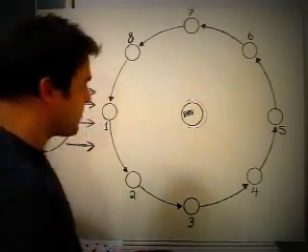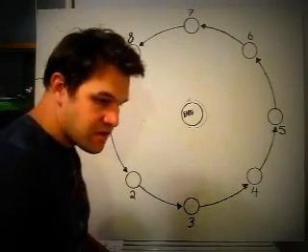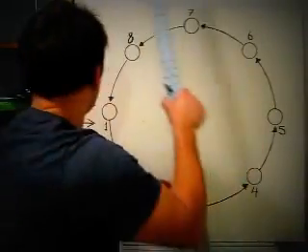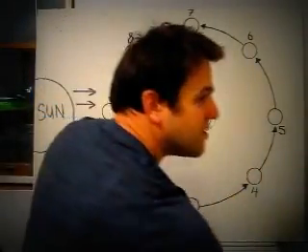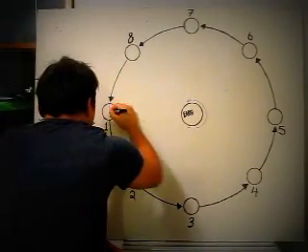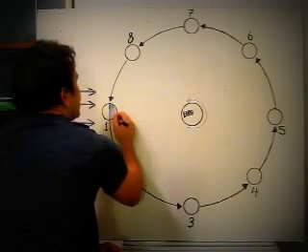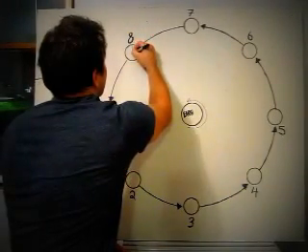Because if the light's coming from this side, then the opposite side is going to be a shadow. Let's go like this. So all of this is going to be shaded on every one of these. That and that.